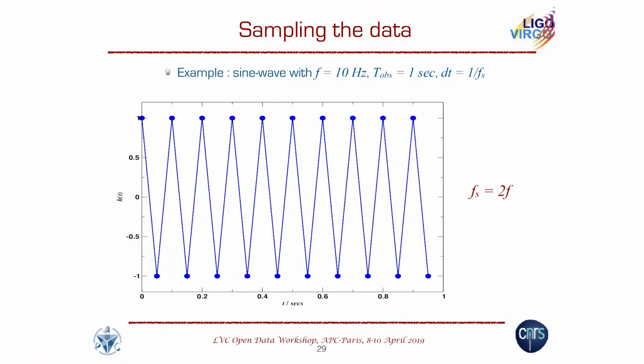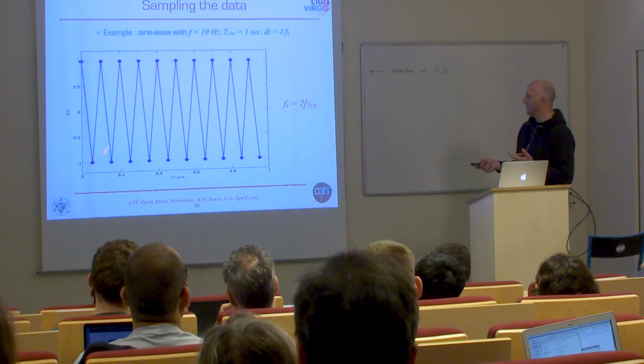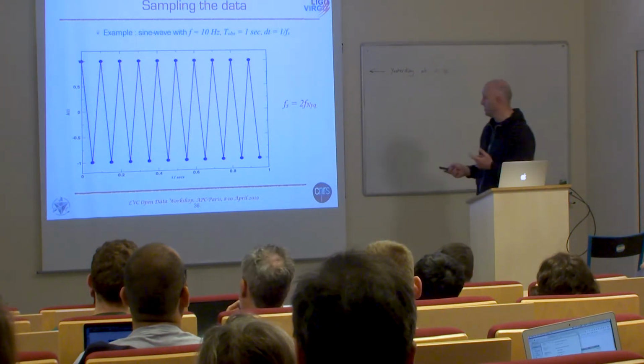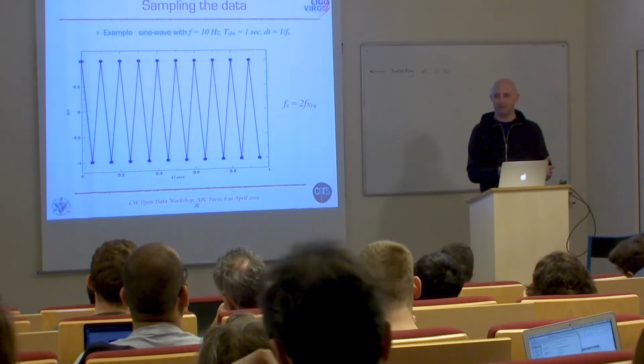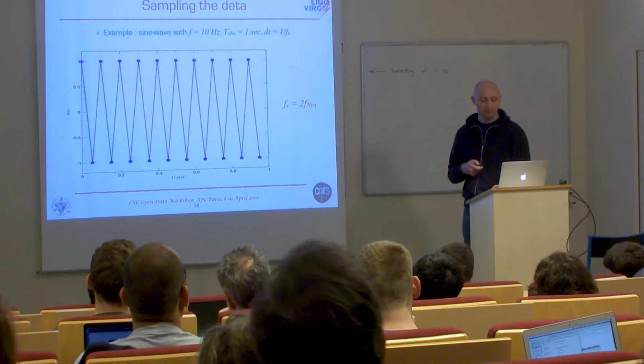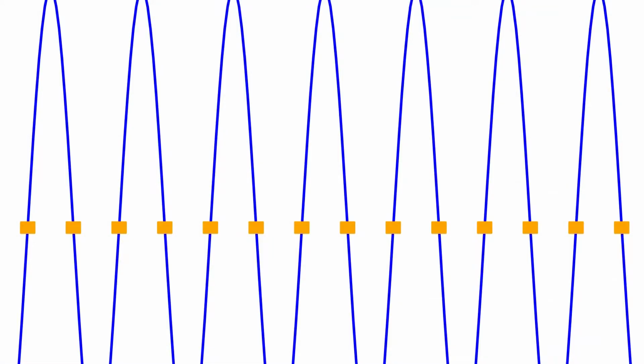So why is the sampling frequency so important? Well, the Nyquist theorem basically says that if I have a sinusoid and I sample at twice the Nyquist frequency, I'm getting 2 sample points per cycle, usually at the peak and at the trough. And while this sawtooth kind of waveform doesn't look very nice, it actually contains all of the necessary information that I need to represent the signal. So you might ask, what happens if I oversample? So let's go to 4 times the Nyquist frequency.